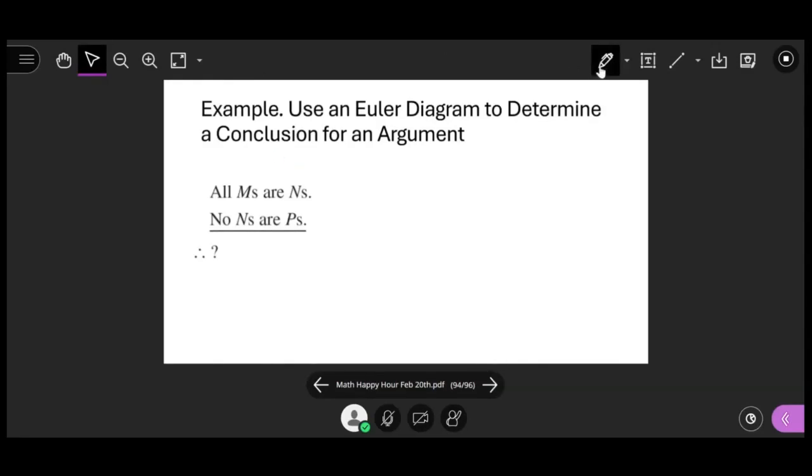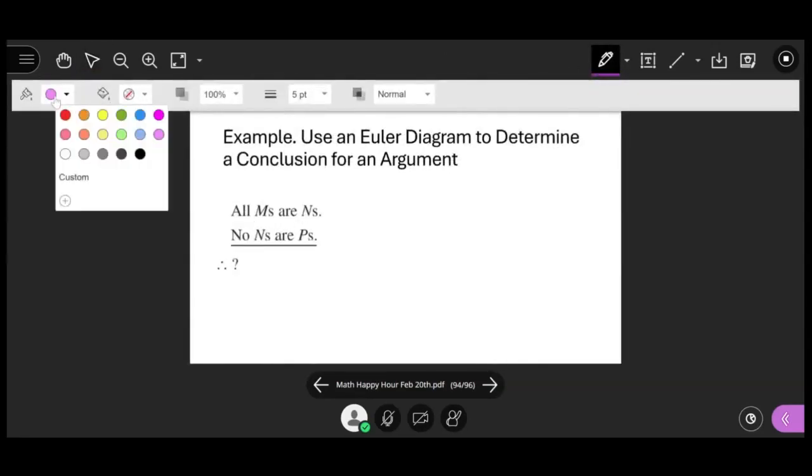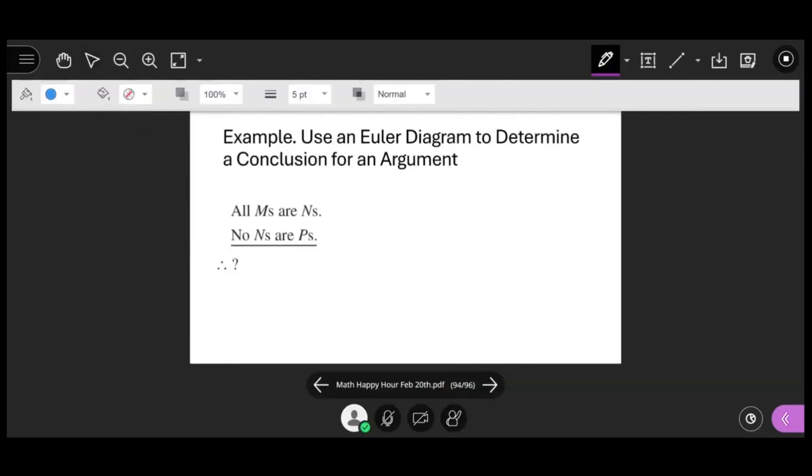Let's try this one. All M's are N's. So here's my M circle. And all M's are N's. So the N circle has to be around the M circle.